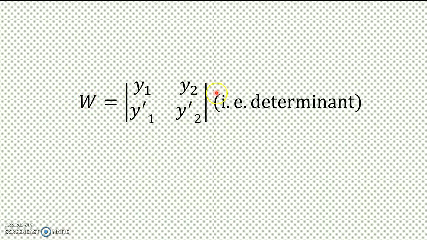It is the determinant of a 2 by 2 matrix whose elements are y1, y2, y1 dash, y2 dash. The meaning of y1 dash and y2 dash is the first derivative of the respective functions.